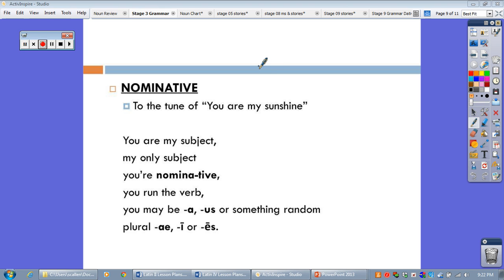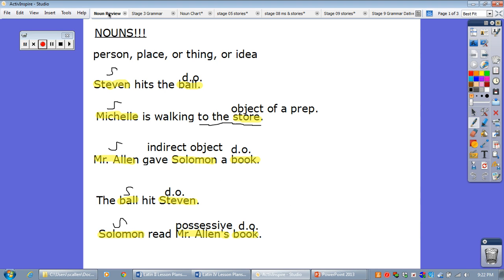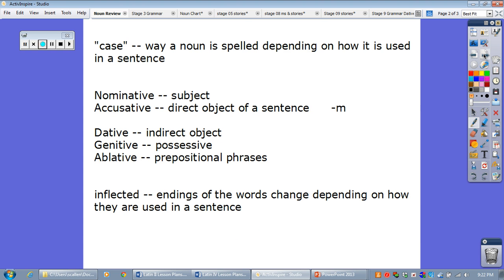So anyway, at the end of the second video, we learned about the nominative and accusative cases in Latin. If you remember, we looked at some sentences about how nouns can be used, and we talked about the fact that case is the way a noun is spelled depending on how it is used in a sentence.